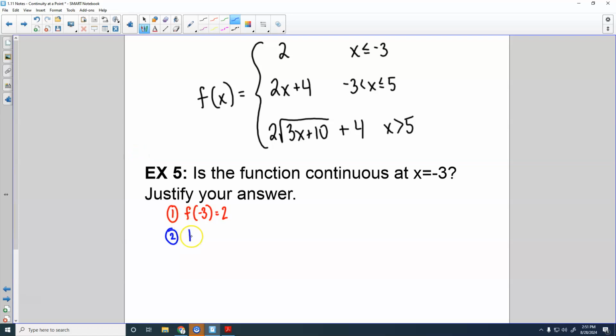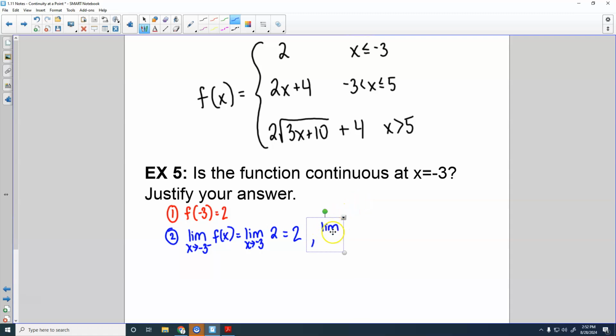So I'm going to say the limit as x approaches -3 from the left of f of x equals the limit as x approaches -3 of just 2. And what is the limit as x approaches -3 of 2? It's 2. Okay. I must also do the limit from the right.